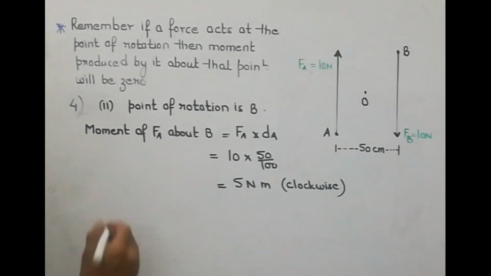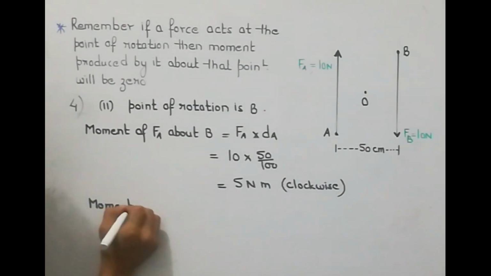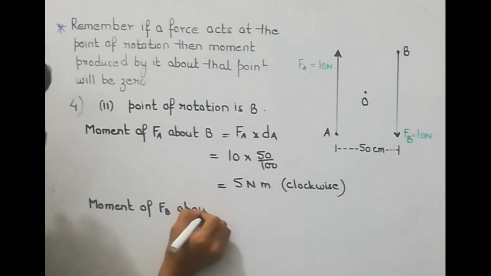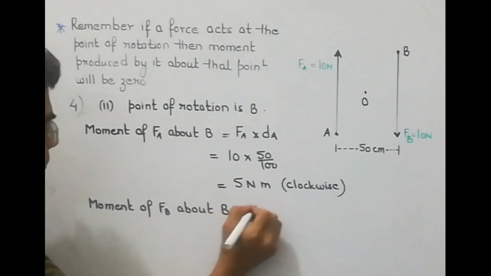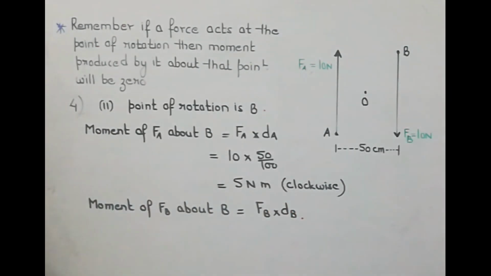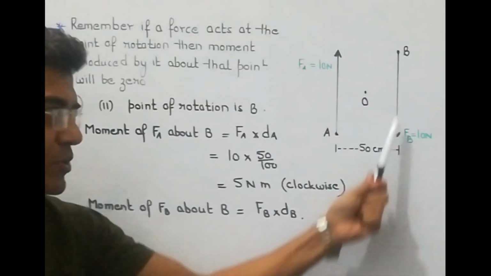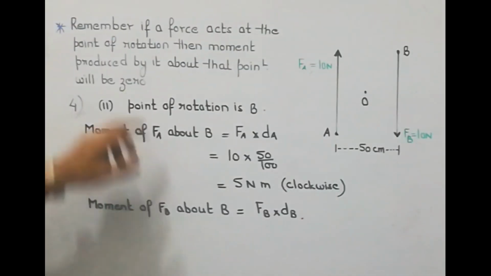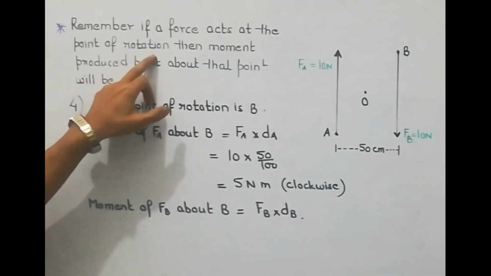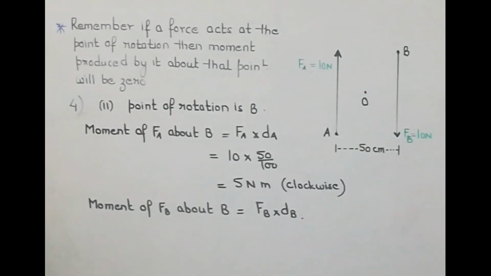Now let us calculate the moment of Fb about B. You can see you have to calculate the moment about B, and the force is acting at that point only, and here it says a force which acts at the point of rotation, then the moment produced by it about that point will be 0.